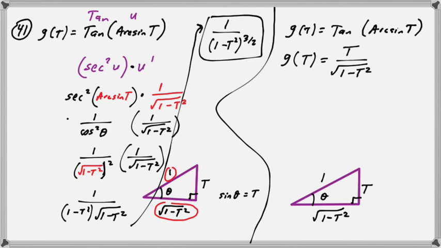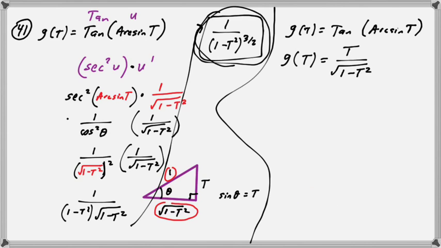Now, if I was to do the quotient rule on this, do you think it might end up with the same answer? It should, right? So maybe let's try this. Quotient rule. The bottom times the derivative of the top minus the top times the derivative of the bottom. And that's this.